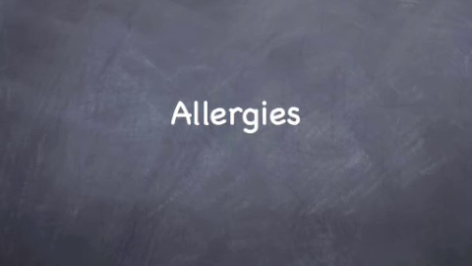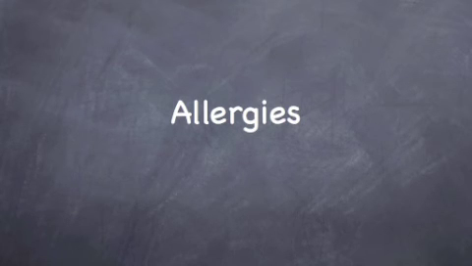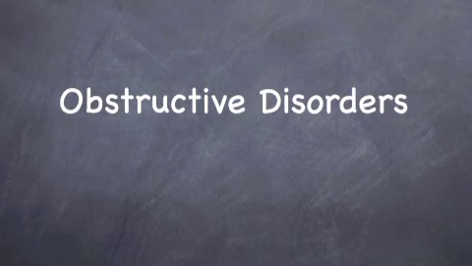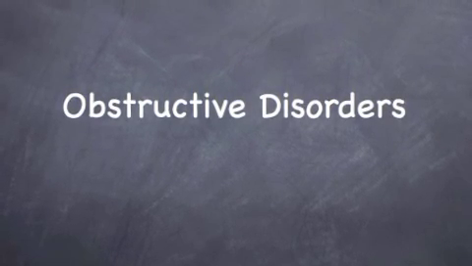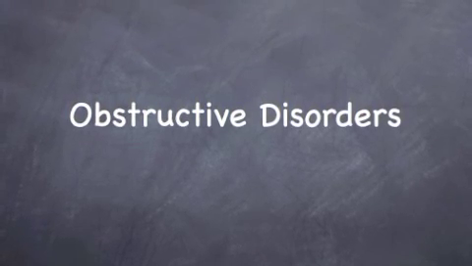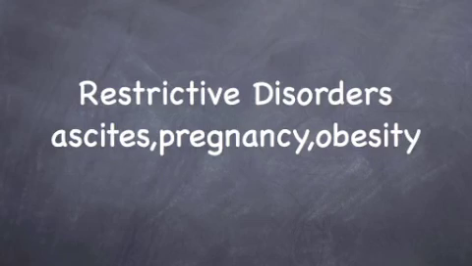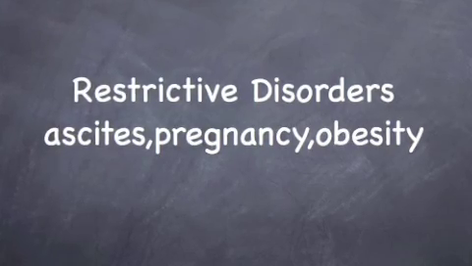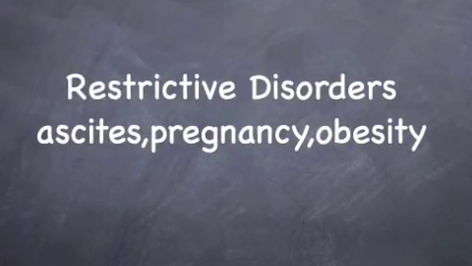The more common things that cause problems with the respiratory system are the obstructive disorders, as we talked about earlier, like COPD and bronchitis, and those things that we don't really think much about, which we call restrictive disorders, and they fall into the category of the patient who has ascites.